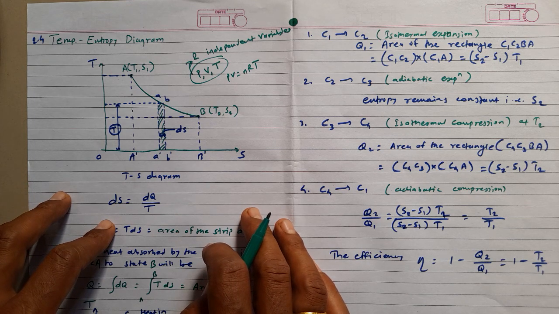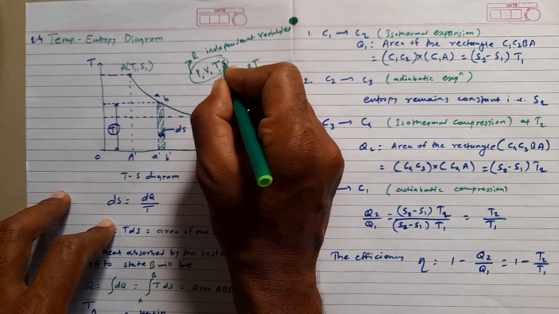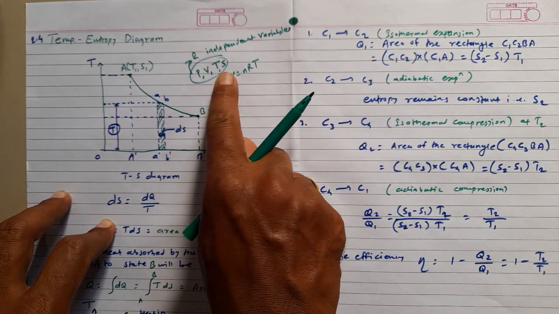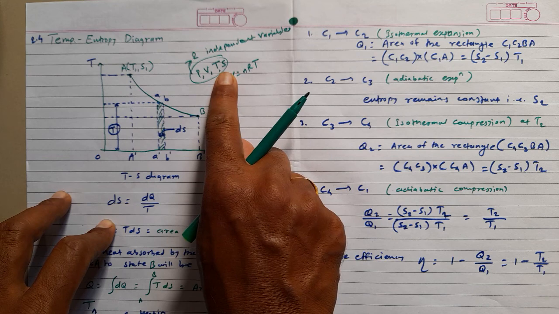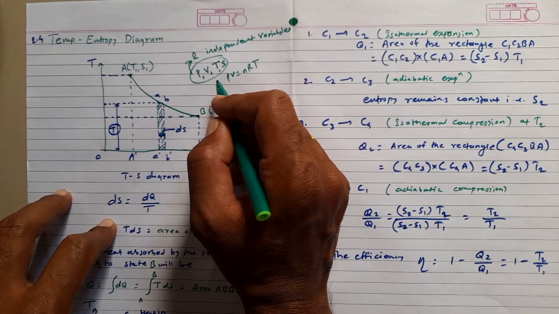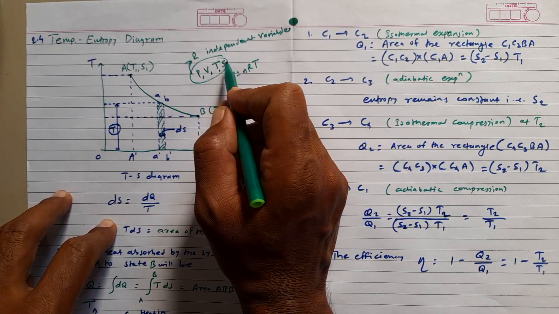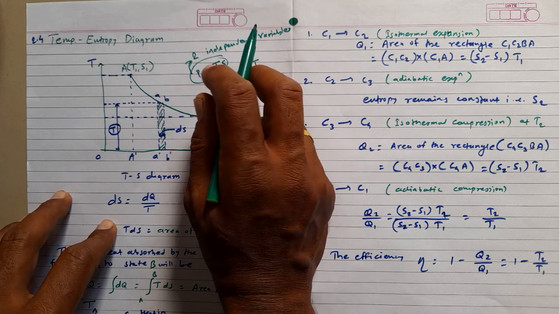Similarly, we can have one more additional independent variable, that is the entropy. It is also a state parameter, so we can define one more parameter of that system. Out of these four variables we can choose any two and define the state of the thermodynamic system completely.